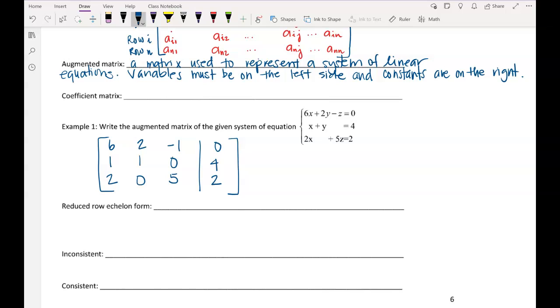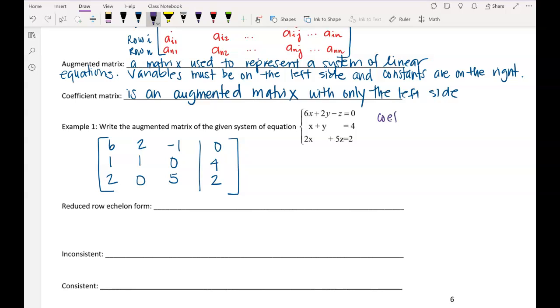Coefficient matrix is an augmented matrix with only the left side. Okay, so we are going to use example 1 to do a coefficient matrix here.